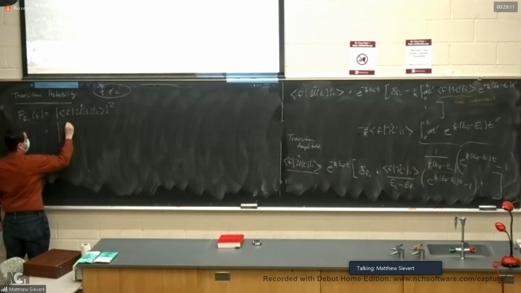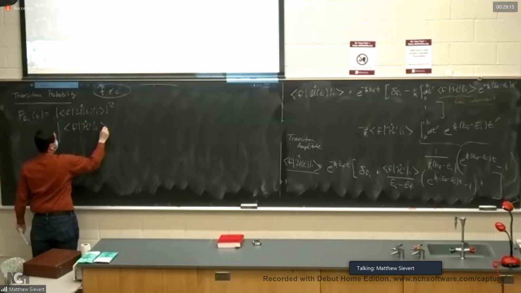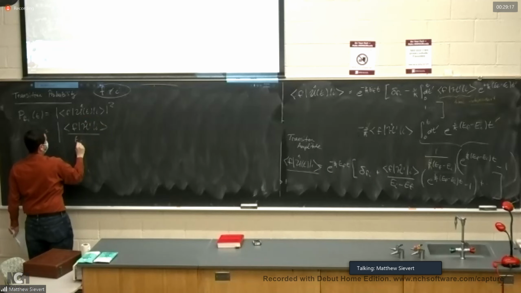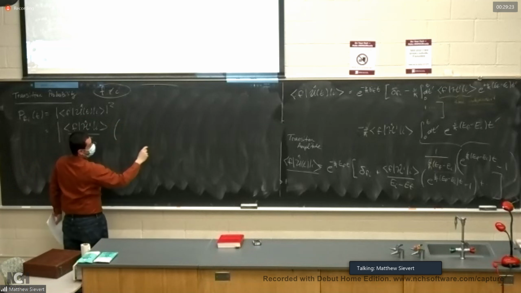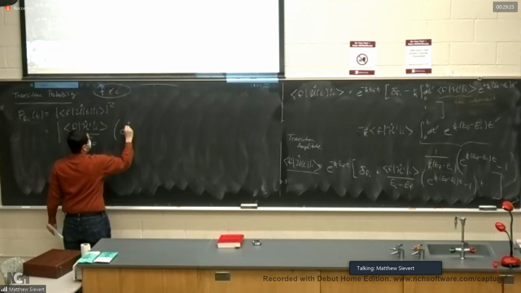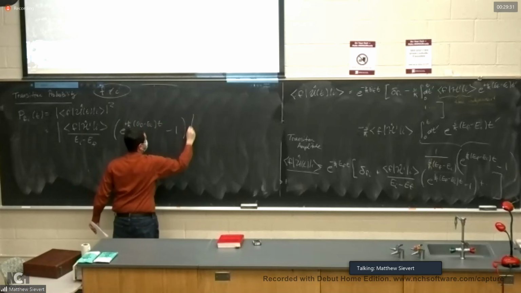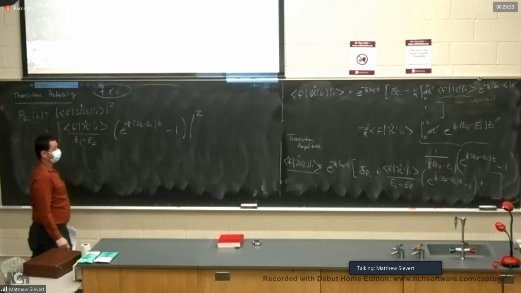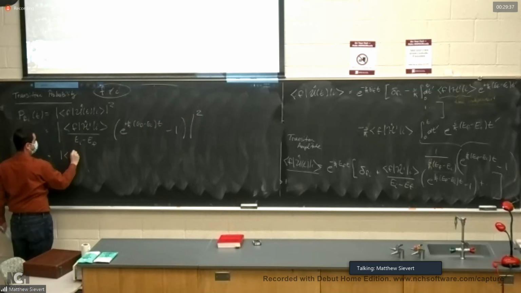So I have absolute value squared of final Hamiltonian initial divided by E final minus E initial, E initial minus E final. And then my phases were e to the plus i over h bar, E final minus E initial times time, minus 1. And then I square it. So the numerator squared is just the square of the matrix element.